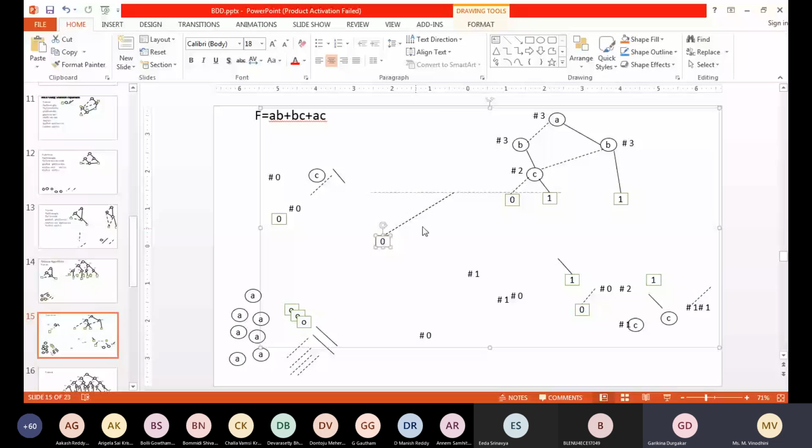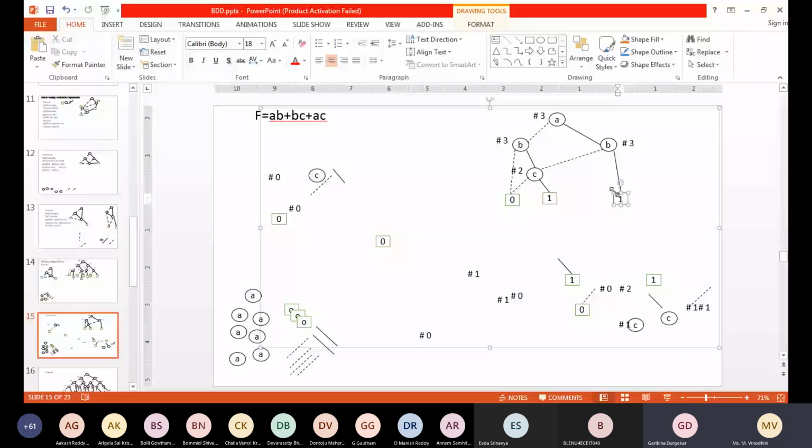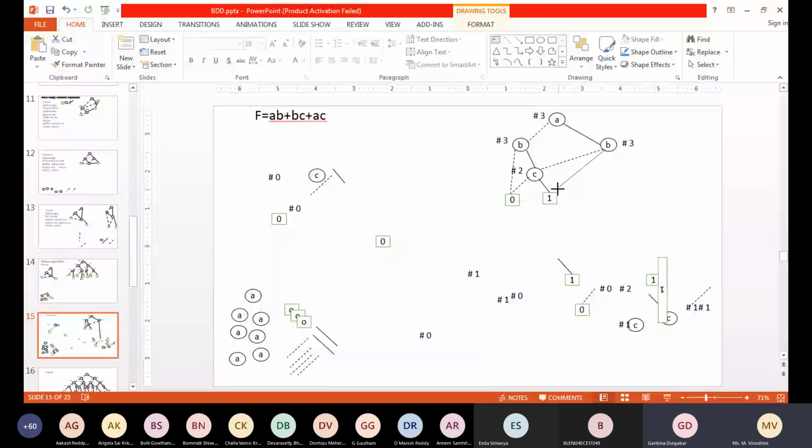Yes, ma'am. So, is this right now? Okay. Anything else can be done here? No, ma'am. Is there any redundant node?